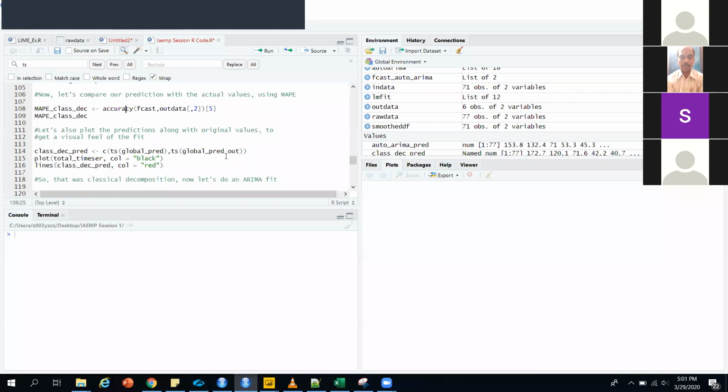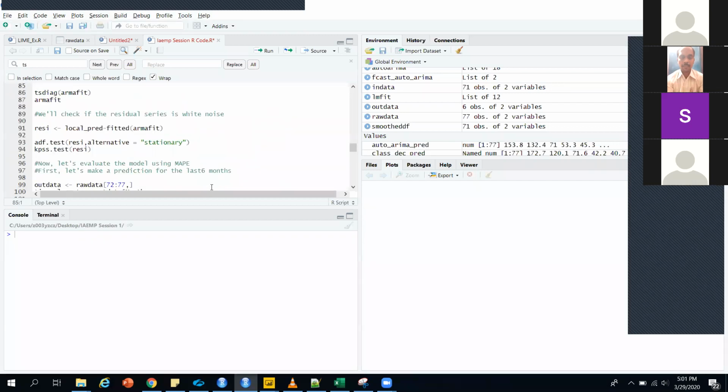Start session. So, a recap of yesterday. What we saw is how to load raw data and how to convert it into a time series.